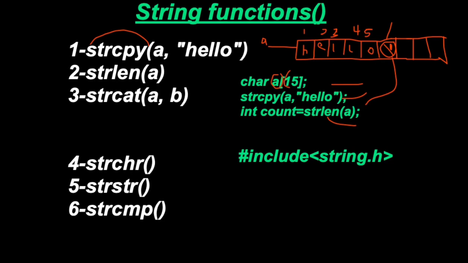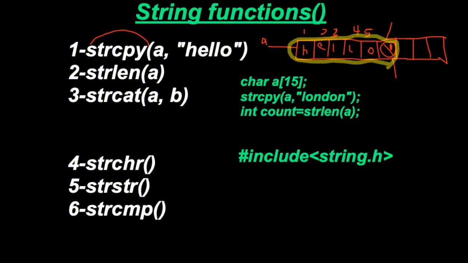So let's say I'm trying to assign another value inside here. If I change this to London, string copy is going to replace all of this with London.